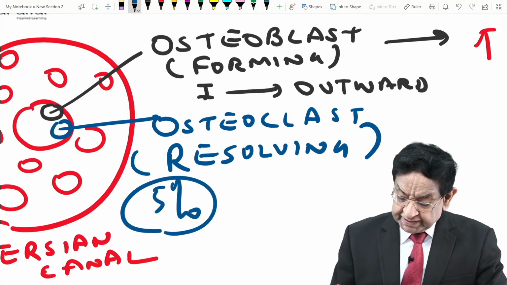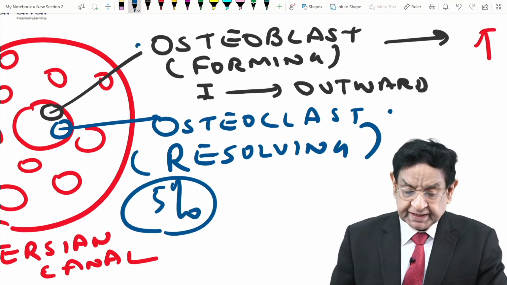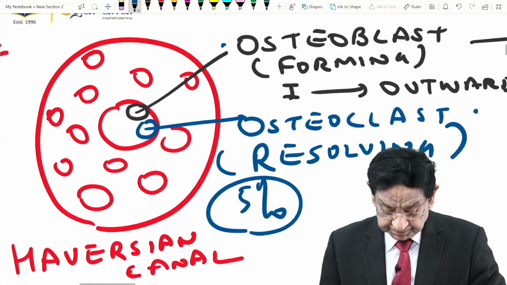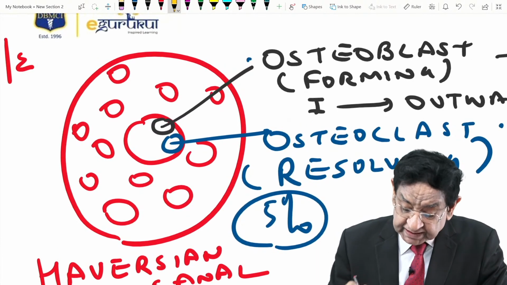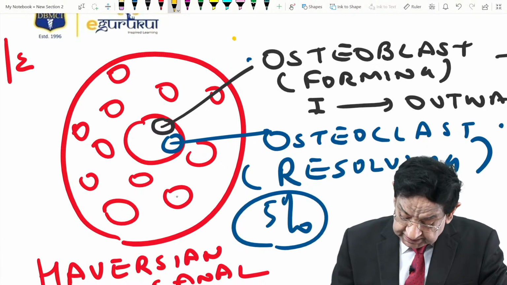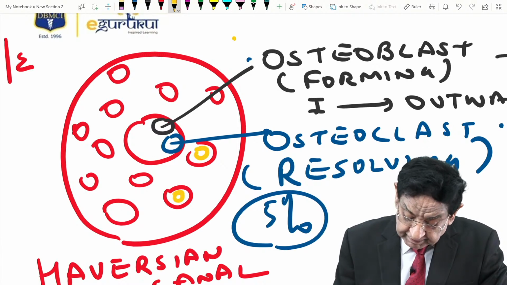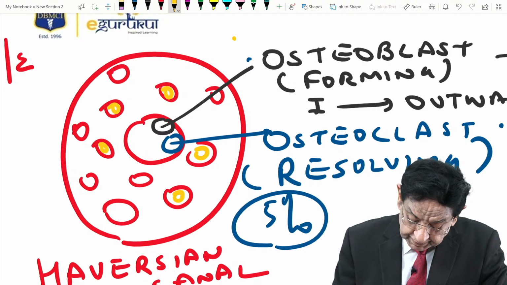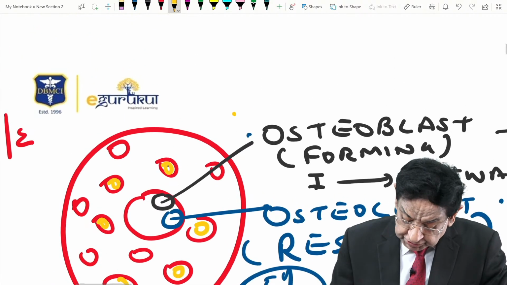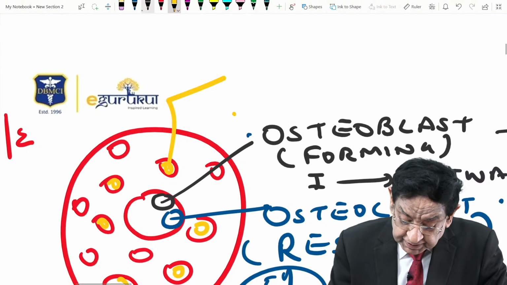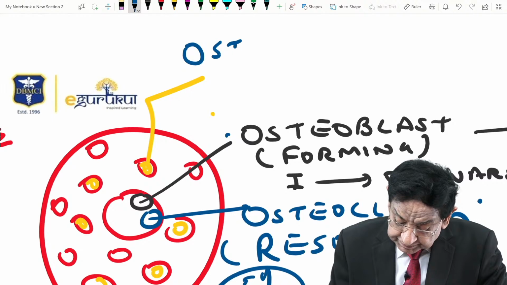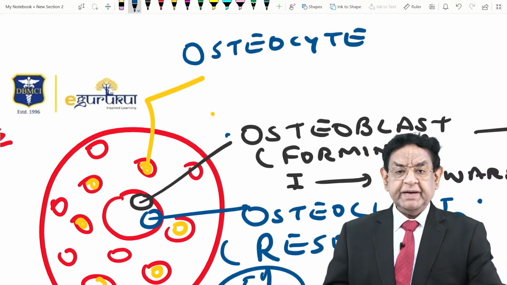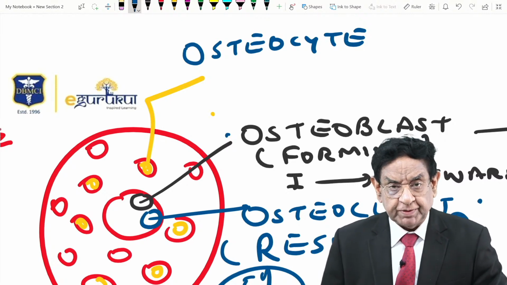Damaged bone is removed by the osteoclast and it is repaired by the osteoblast. Then in these lacunas, we have cells which are known as osteocytes, which maintain day-to-day activity of the bone.